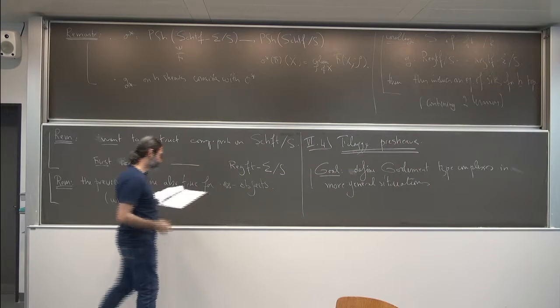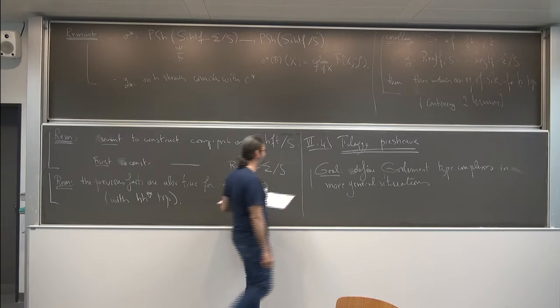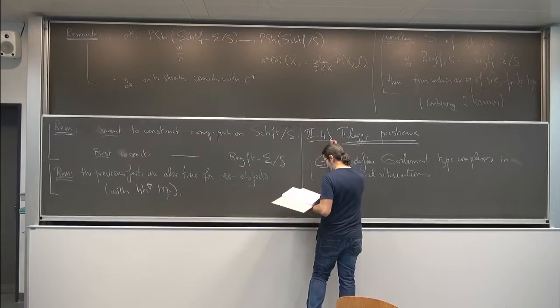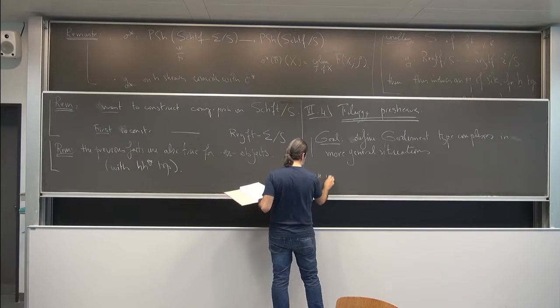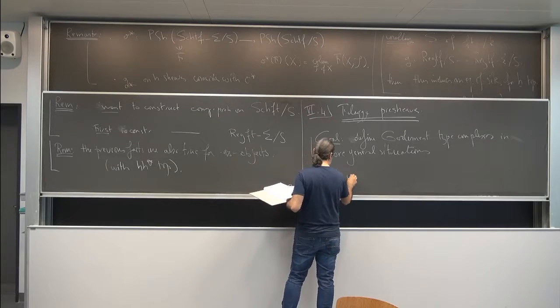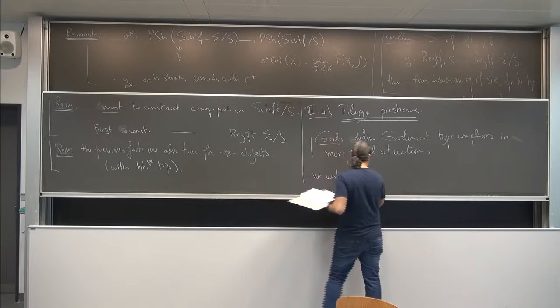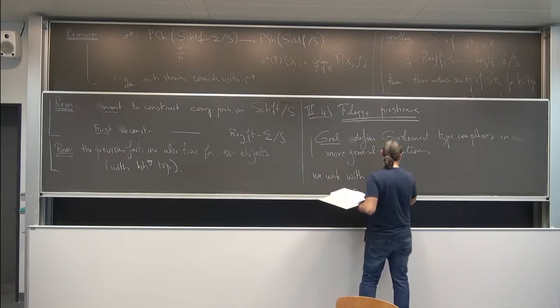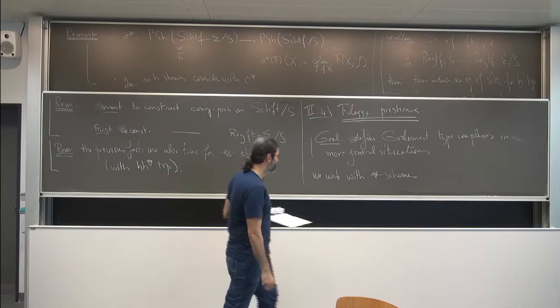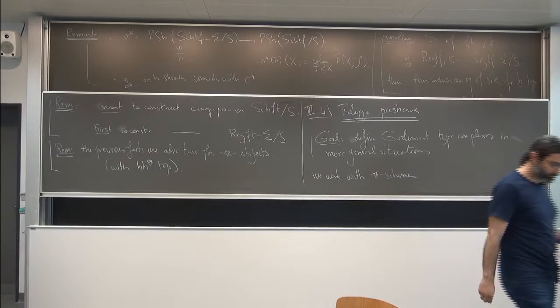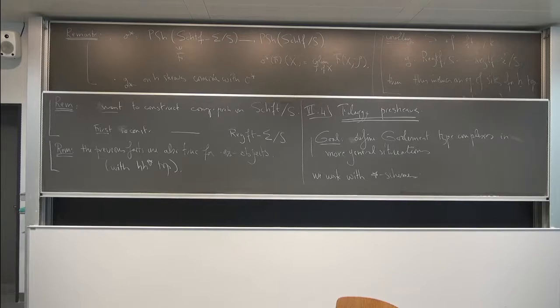I work from the start in the context of star schemes, because this is what I will need later, but everything also makes sense for just simple schemes. So I need to define first the notion of flaggy presheaf.